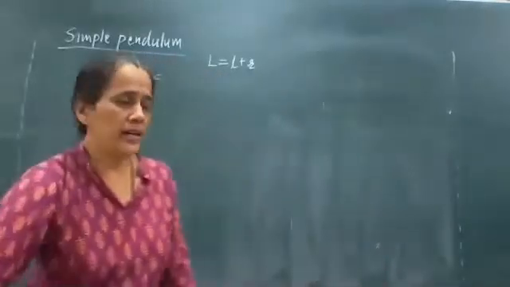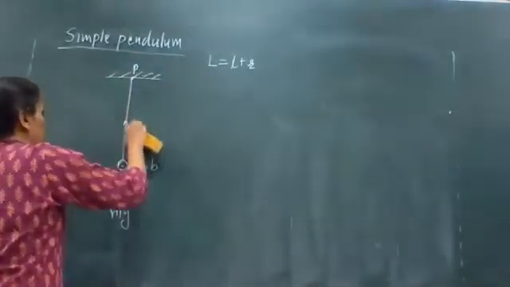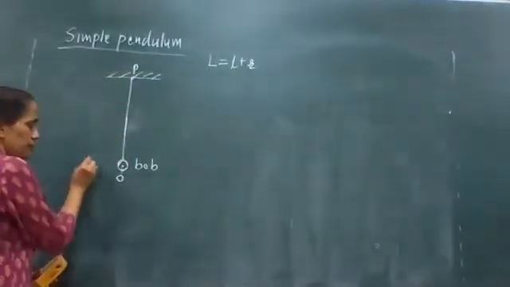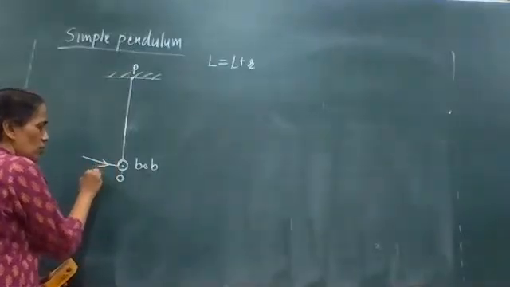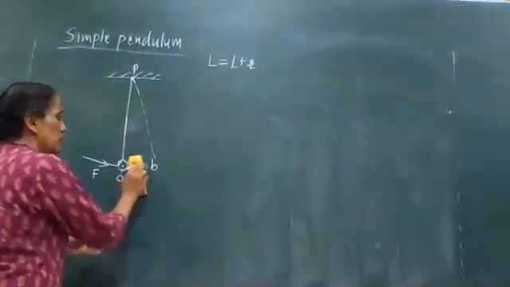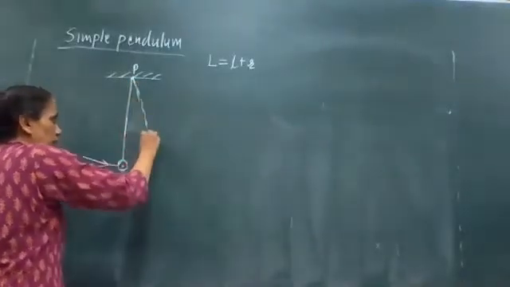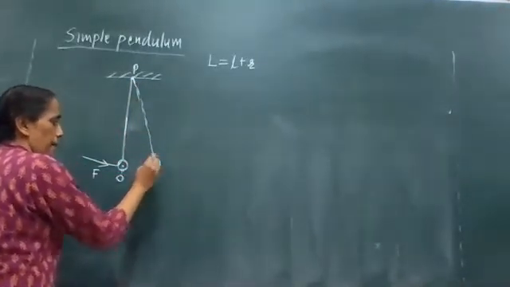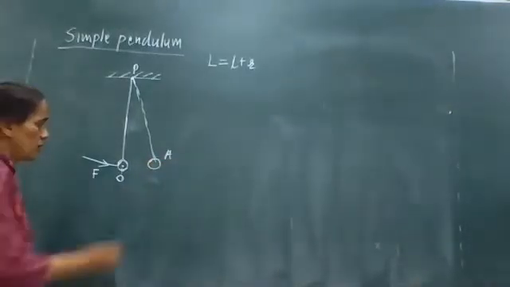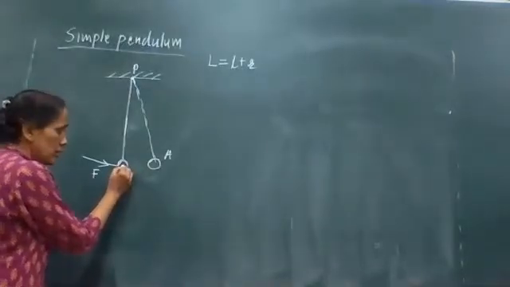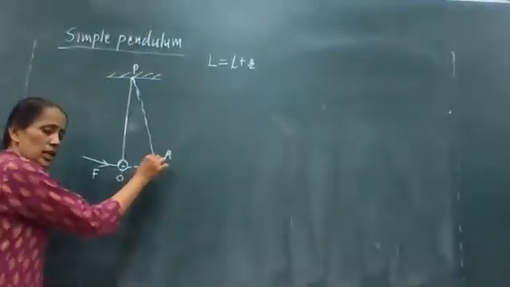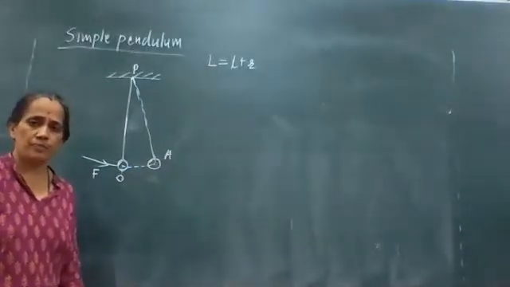But whenever we apply a certain force on this bob, it will get displaced, and this simple pendulum will attain a new position A. So due to the force, the bob gets displaced to position A. I am going to call this position A the extreme position of the bob.